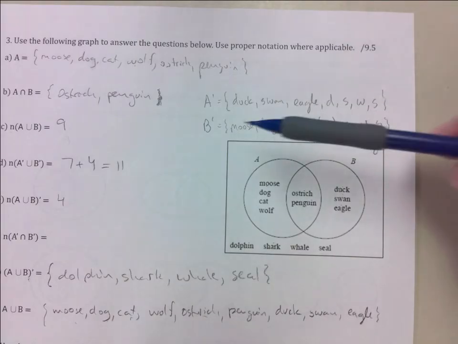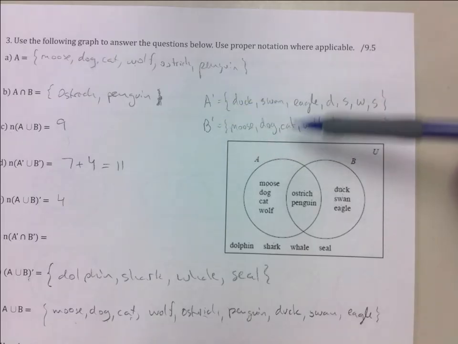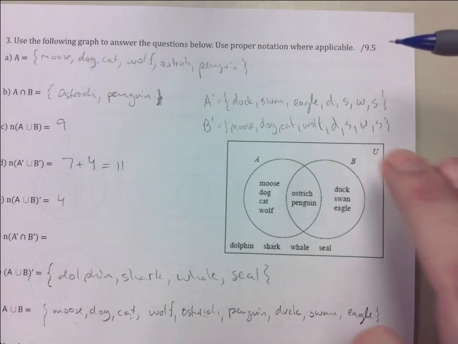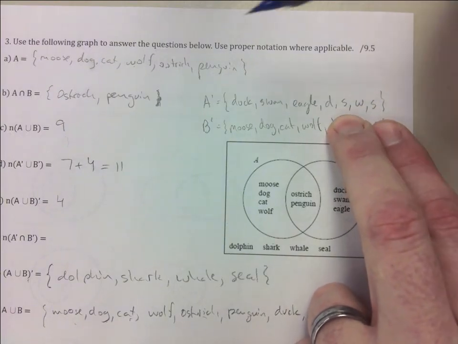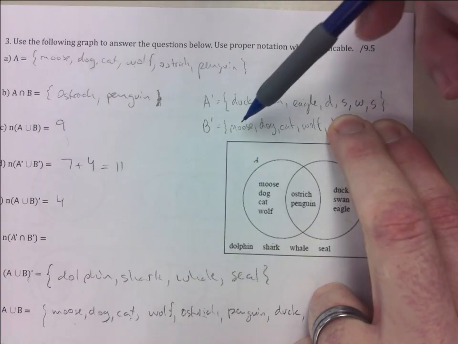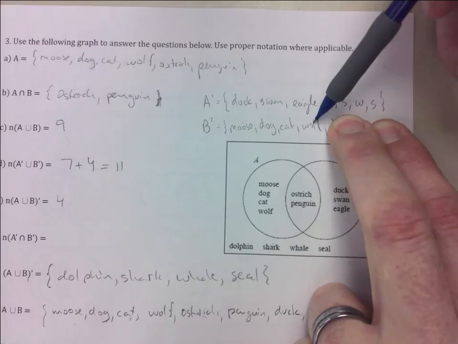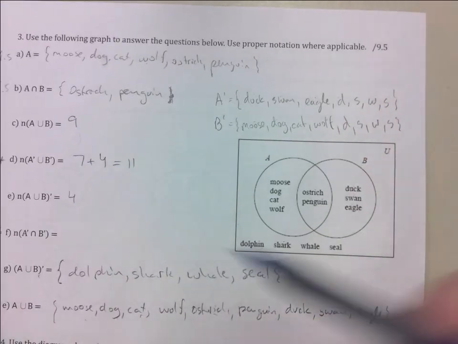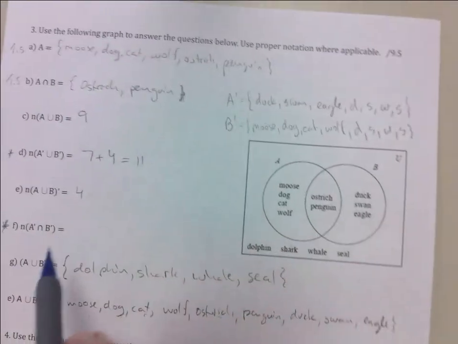If I asked you how many are in the union, if I were to unite this, you wouldn't want to double count these, right? So you basically would want to do this. 1, 2, 3, 4, 5, 6, 7, 8, 9, 10, 11. Okay? So do this. If all else fails, do that. But it's 11.